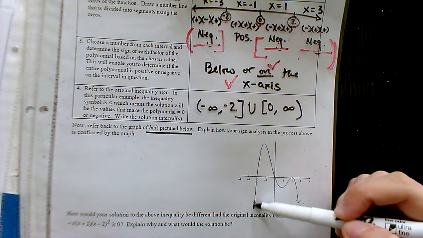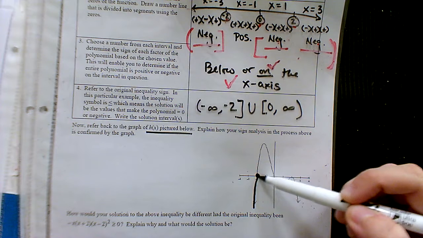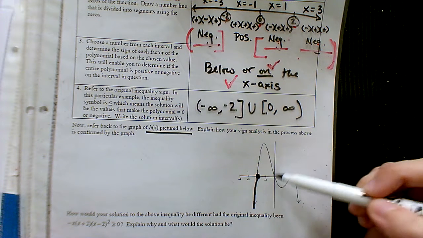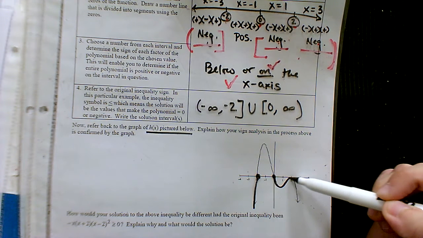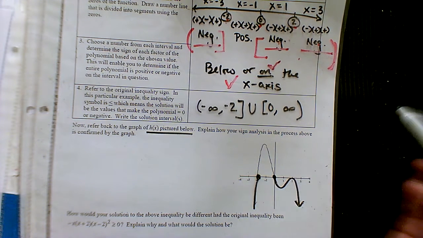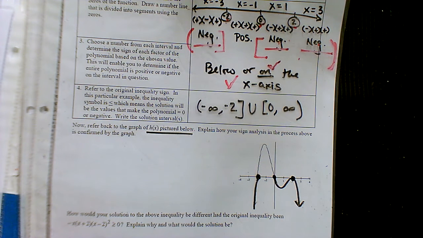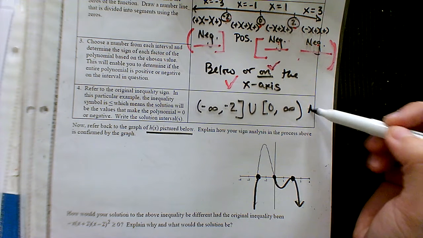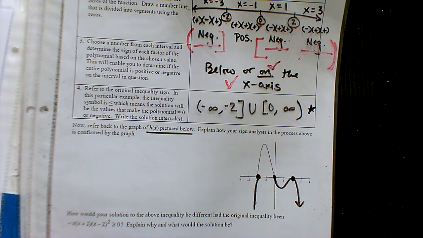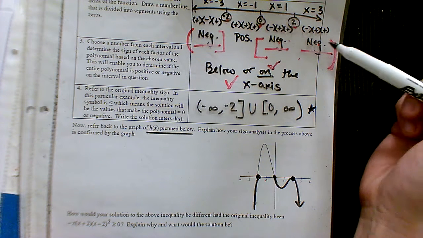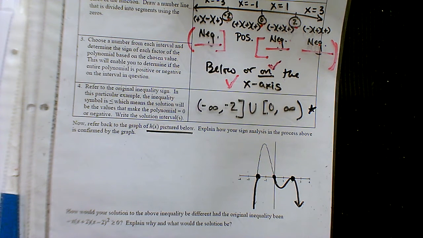Notice how we're below the x-axis from -infinity to -2, and then from 0 all the way for the rest of the graph, we're also below or on it. Okay, specifically on it at 2. So it's nice that we do have the graph to kind of check our work, but notice how we got the correct answer without actually needing it. Okay, we're eventually going to have to trust our work, trust our gut, and make sure that we're familiar and comfortable with this sign analysis, positives and negatives.